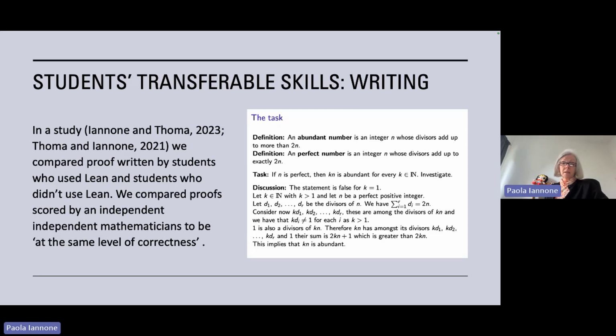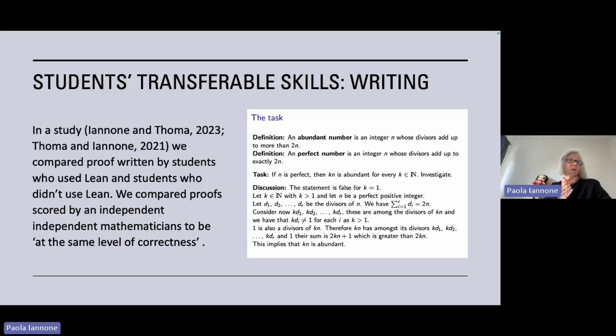The second study relates to proof writing, really, and some aspect of the use of definitions within proofs. This is a study that we did in 2023 with my colleague Athina Thoma. We carried out a batch of task-based interviews with students in a lecture course where Lean was introduced, although not as a compulsory part. We gave the students these tasks, and then we asked them to write a proof.